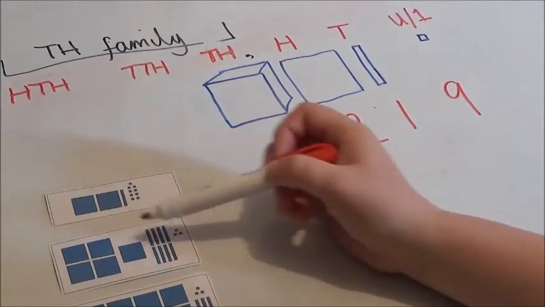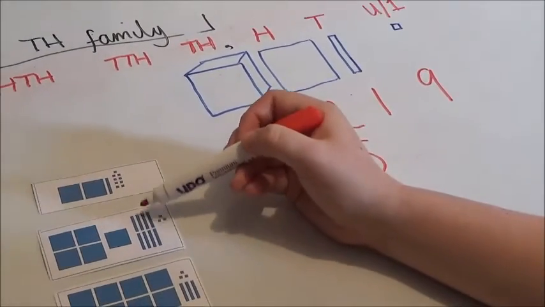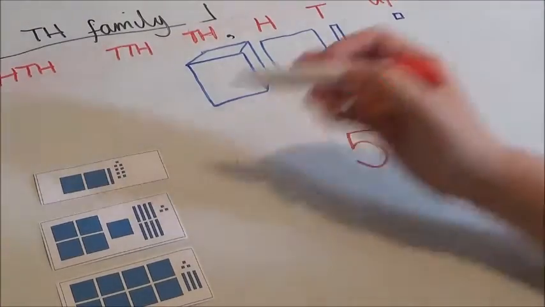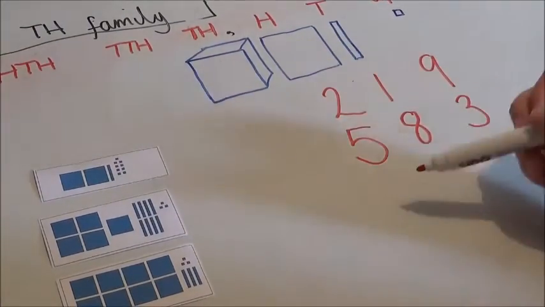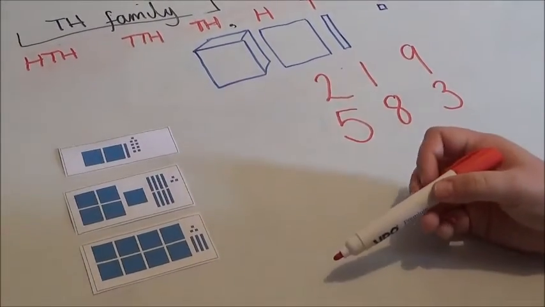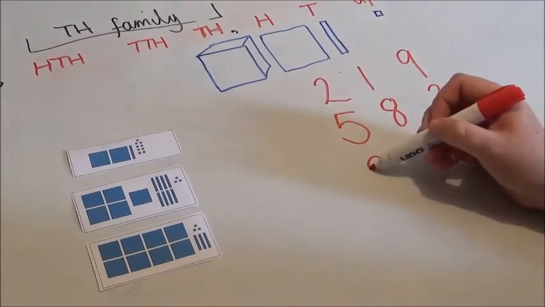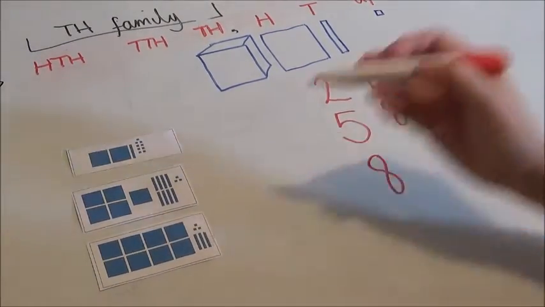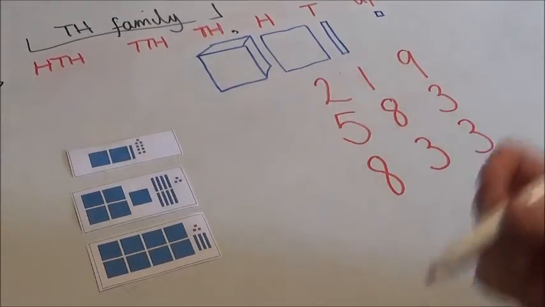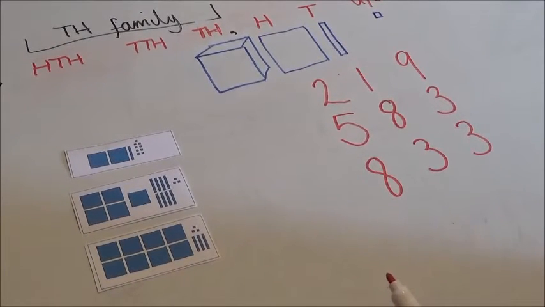Here we have 4 hundreds, 2, 4, 6, 8 tens, and 3 units, giving us the number 583. The last one we've got here, we've got 2, 4, 6, 8 hundreds, we've got 3 tens and 3 units, giving us the number 833.